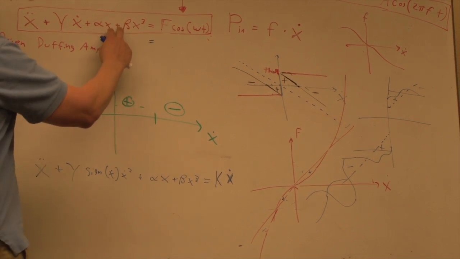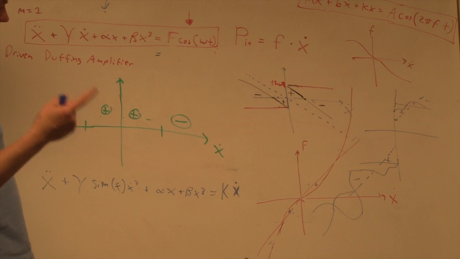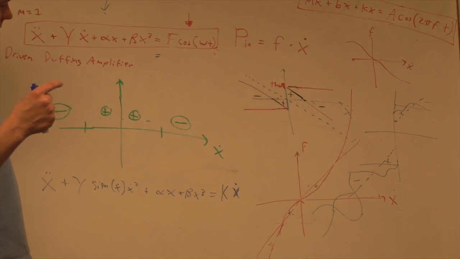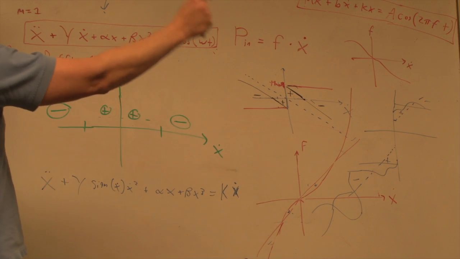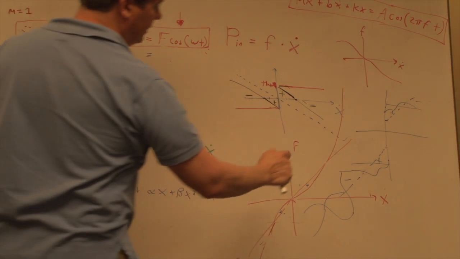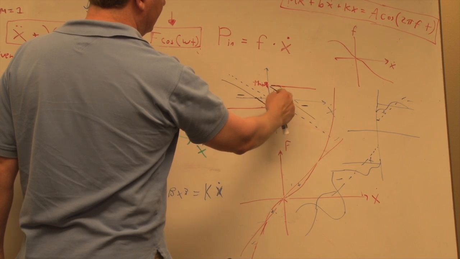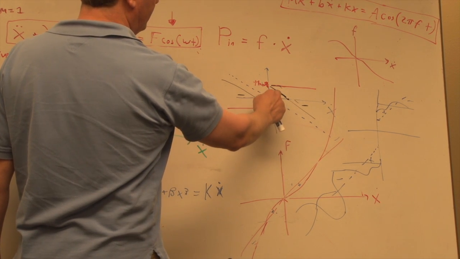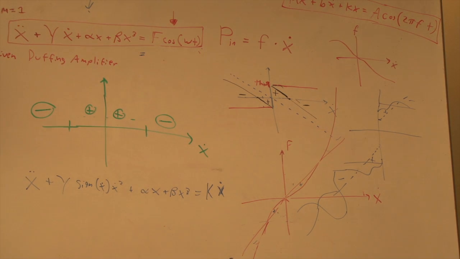Then you need a stiffening spring, and then to make it oscillate without forcing a cosine function of t, you can do so by just making sure that your drive as a function of velocity gives you positive work net at low velocities and takes energy out overall at high velocities. As long as you have that, then you've got your nonlinear oscillator that does what we want to do.